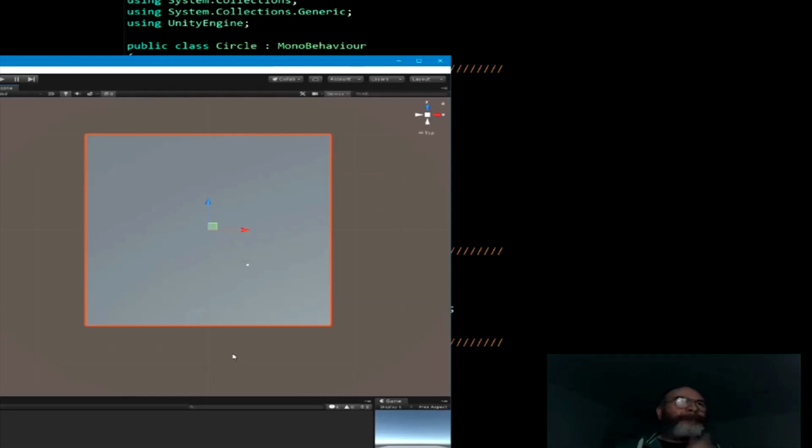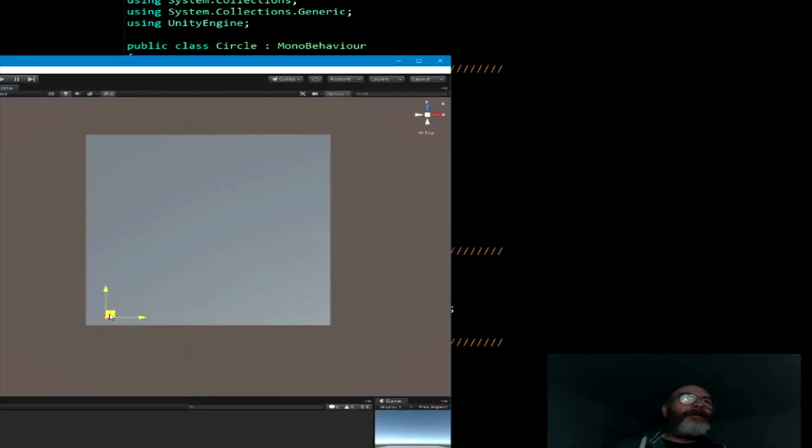Coordinates. Yes. If the resolution is 256 by 256, and I put 0, 0, I should be in the bottom left of my square here, which I happen to know is 5 by 5.